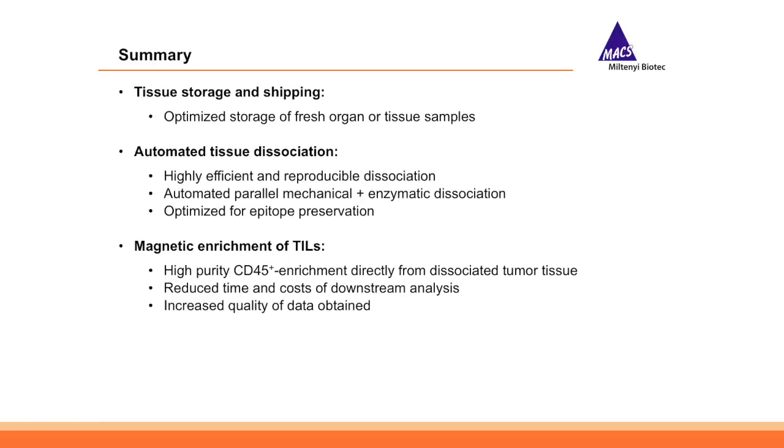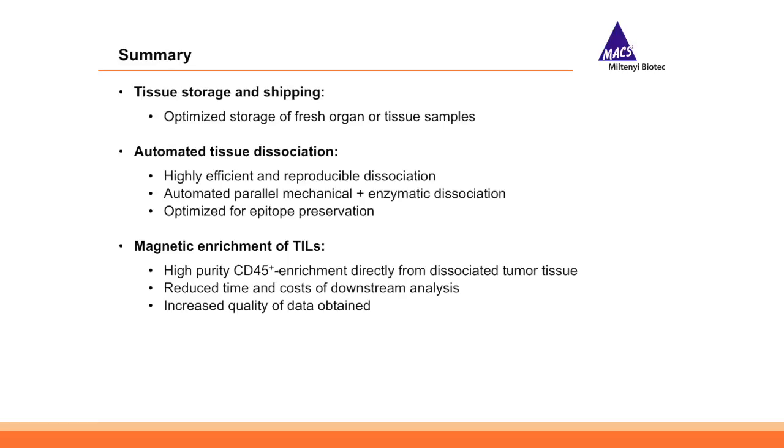So in summary, I showed you here how we can streamline several components of the cancer immunology research workflow. I showed you a solution for tissue storage and shipping that has been optimized for storage of fresh organs and tissue samples.